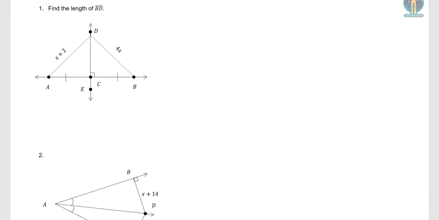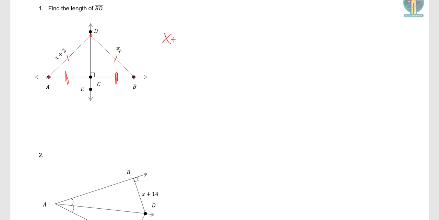Alright, so here we need to find the length of segment BD. Segment DE is a perpendicular bisector of segment AB. So CB equals CA, and this is essentially an isosceles triangle, because a point on the segment, point D, is equidistant from the ends of the segment.